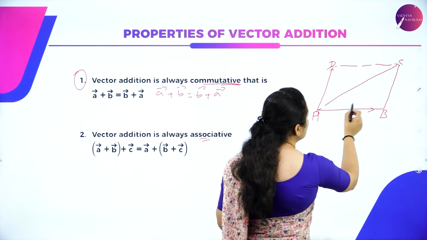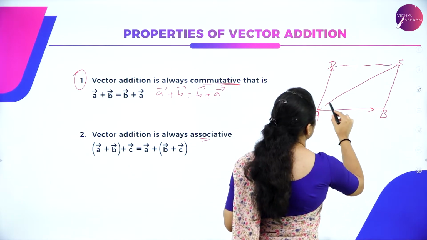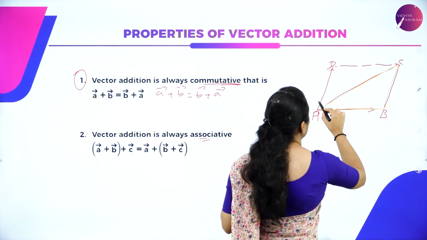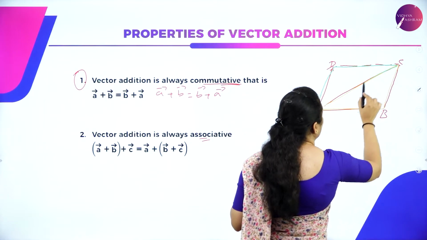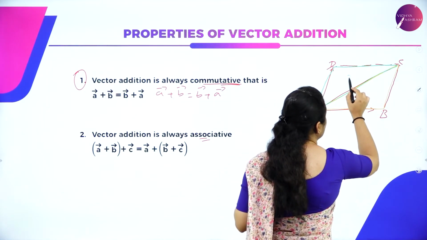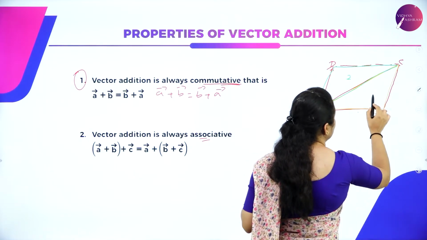Can you see there are two triangles here? This is your first triangle and this is your second triangle ADC.